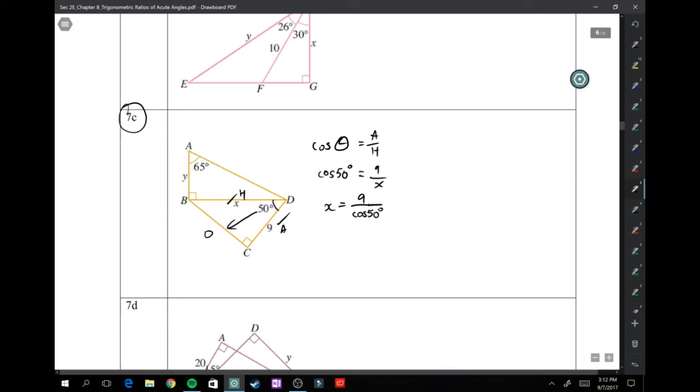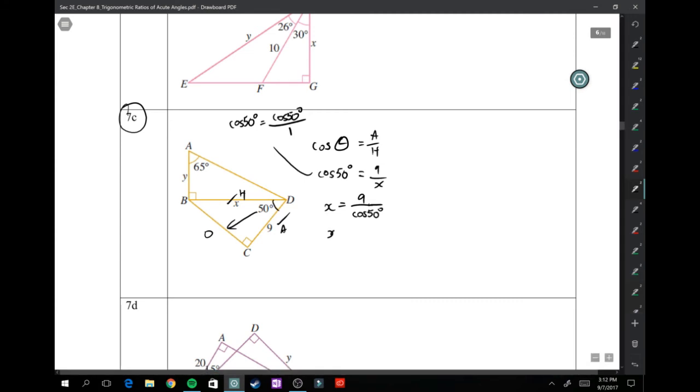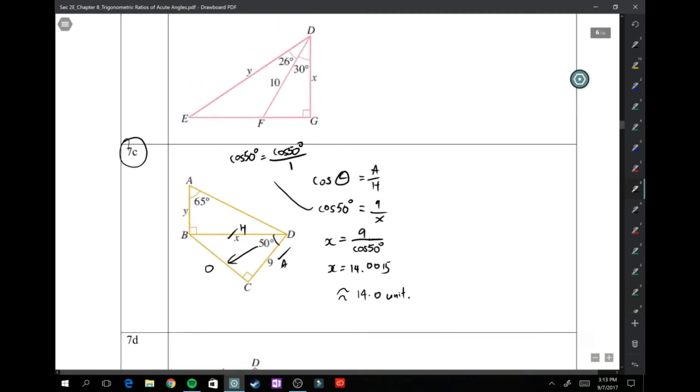Know that cosine 50 degrees is the same as cosine 50 degrees over 1. So press your calculator. You get x equals 14.0015. To 3 SF, 14.0 units, because there's no meter or cm, so we just write unit.